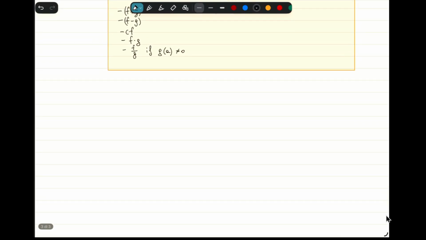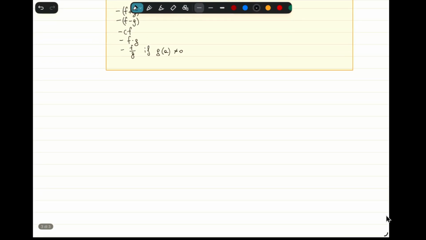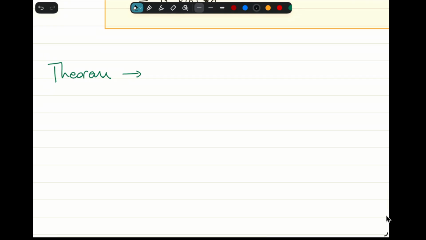Okay, so finally, this means also that we have one operation or function left to define, and that is composite functions.